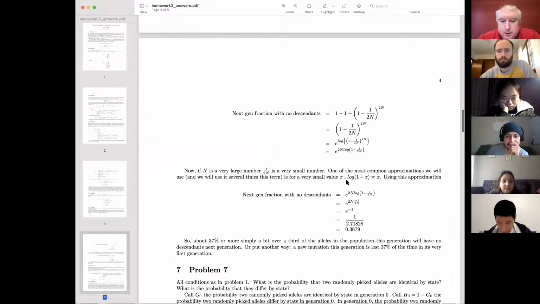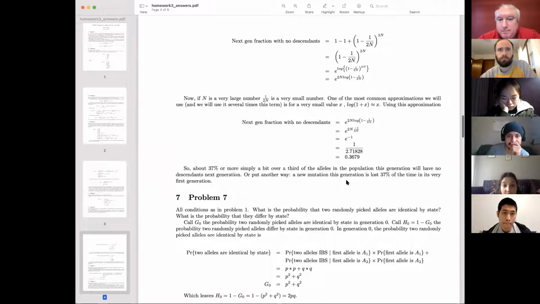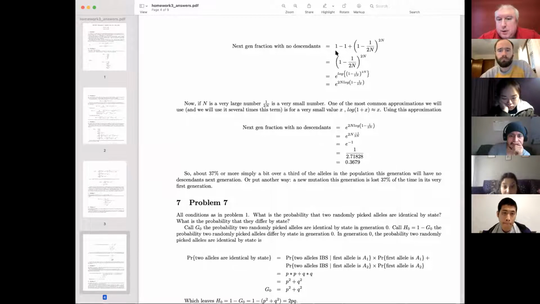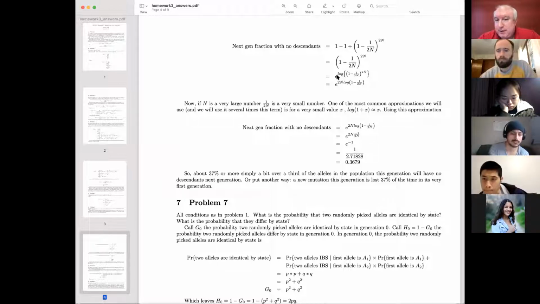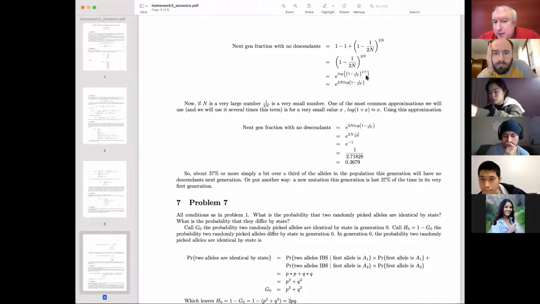Okay. To show you where that little approximation came from, you can actually derive it yourself relatively easily. So we start with (1 minus 1 over 2n) to the 2n. And then I did nothing but take the log of this expression, log base e, and then raise e to that. So I've done absolutely nothing so far. That's e to the log of that. And then I do nothing again. When you have an expression involving e, when you put an exponent in there, it comes down as a multiple.